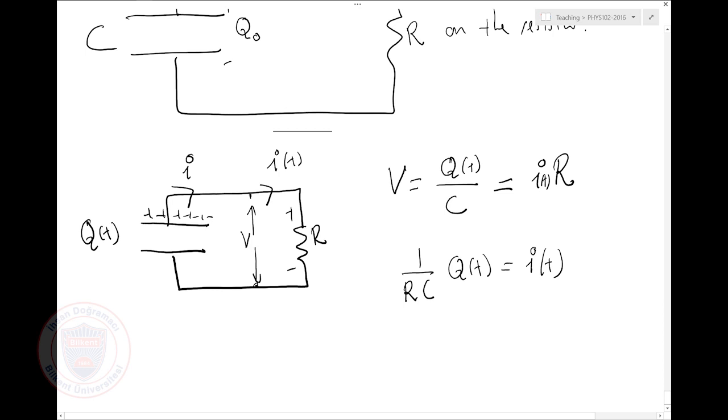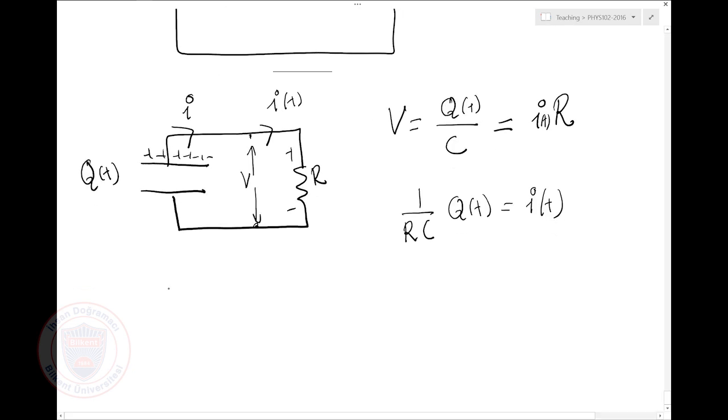Now, the charges are going away from the capacitor, right? Positive charges are going away from the capacitor. So dq dt must be minus I. This is just the definition of current.